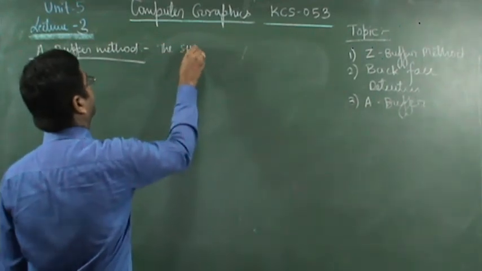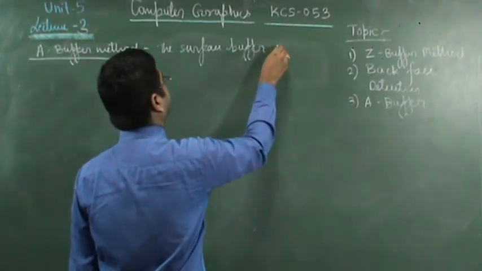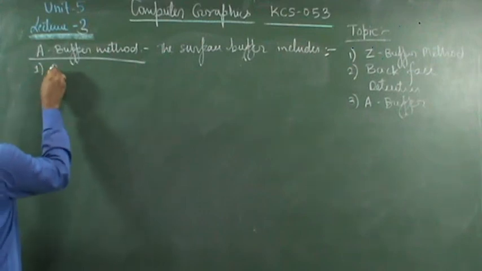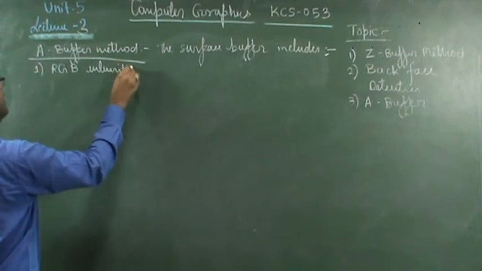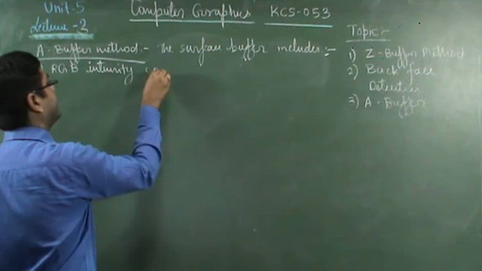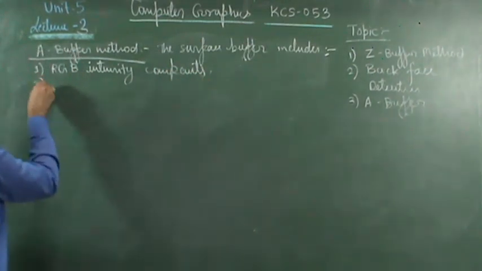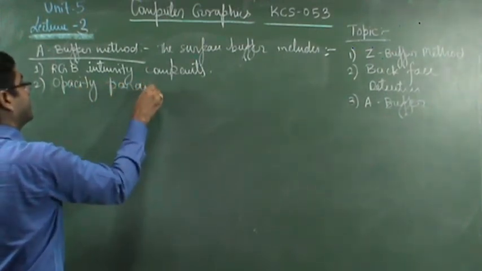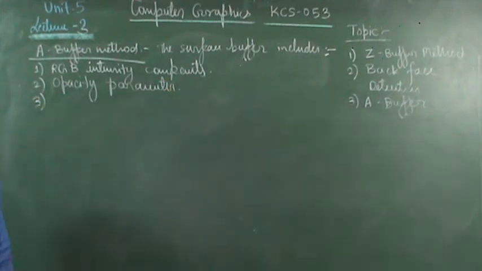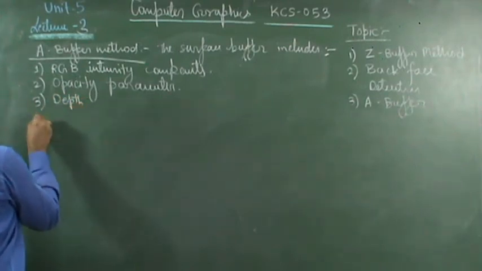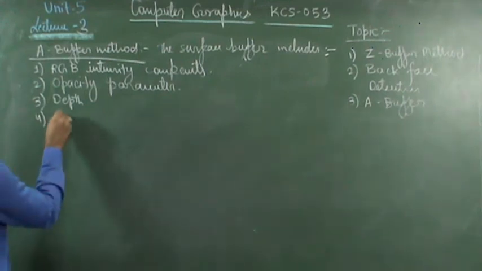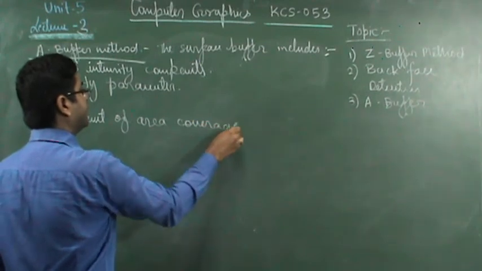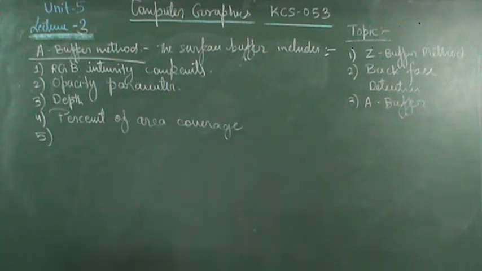The surface buffer includes: number 1, RGB intensity components; number 2, opacity parameter; number 3, depth; number 4, percent of area coverage; number 5, surface identifier.